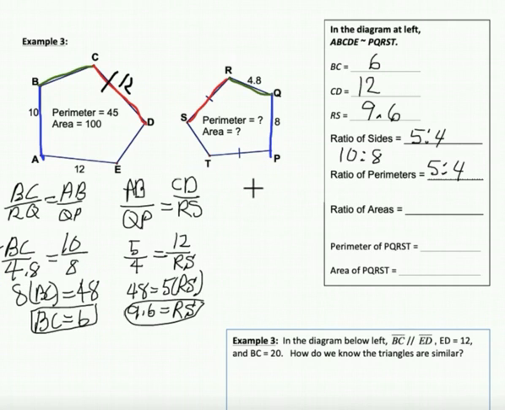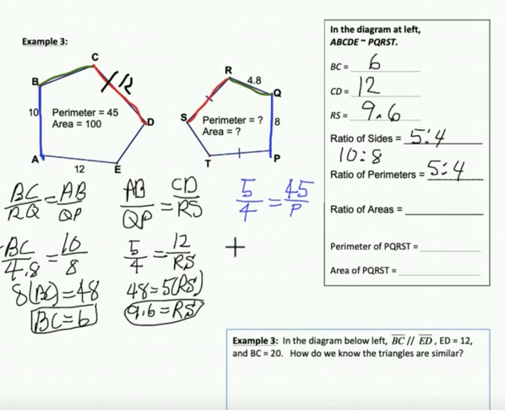So I'll say that the ratio of perimeters, 5 to 4, is equal to this perimeter, 45, to the missing perimeter. Again, I'm going bigger figure to smaller figure for the ratio of perimeters, so bigger figure to smaller figure for the two perimeters.